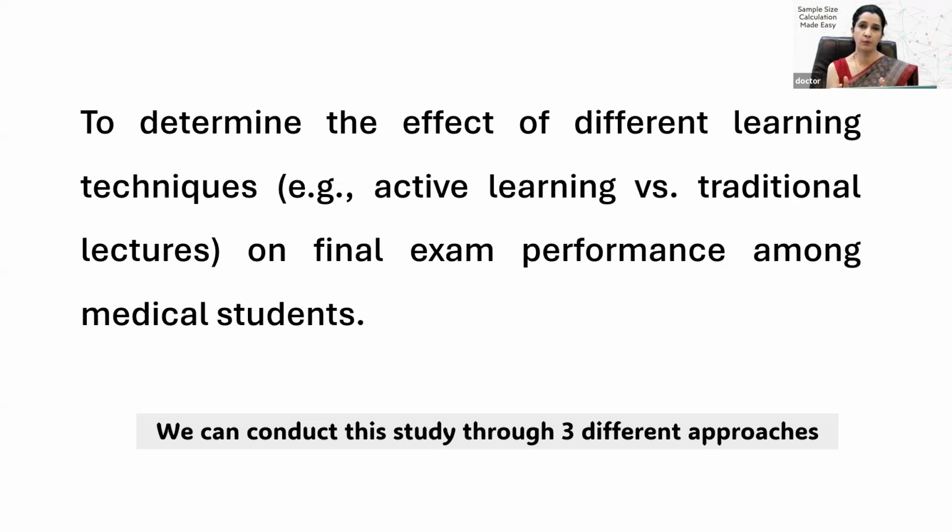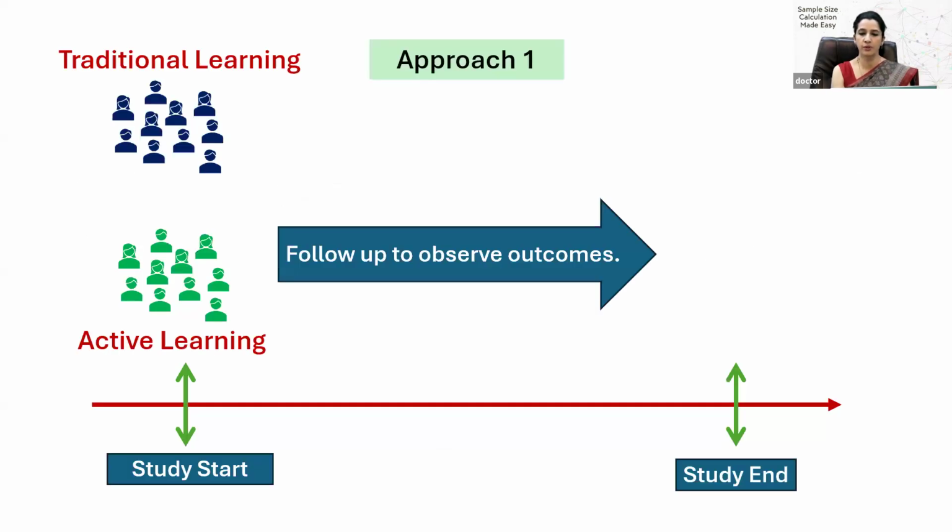If this is my objective, I can conduct this study through 3 different approaches. And you have to answer in the chat box the type of study used in all 3 approaches. This is my first approach.